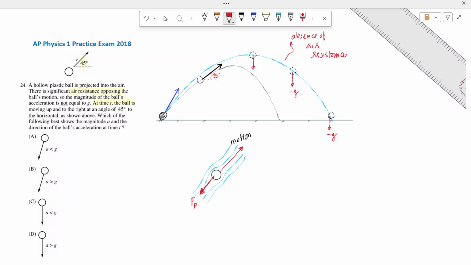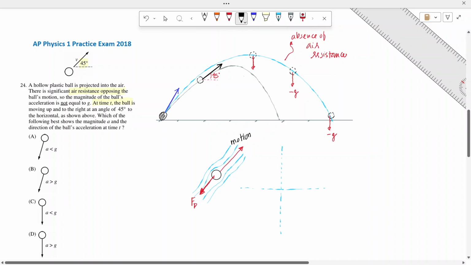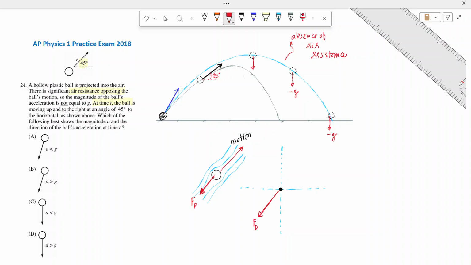Okay, now if I draw the free body diagram, you will see there will be two forces exerted at this time on this ball. So this is the ball, and the drag force is exerted exactly at an angle of 45 degrees below the horizontal, right? And the force of gravity is downward, that is the weight of the ball. Now this drag force has two components.